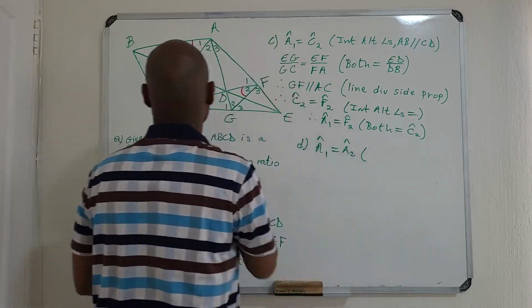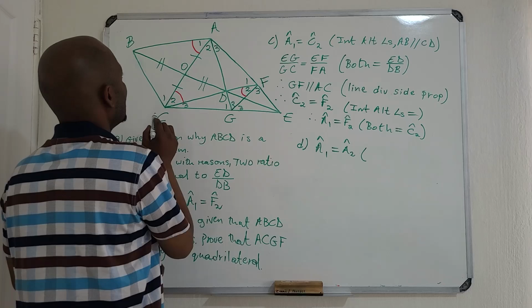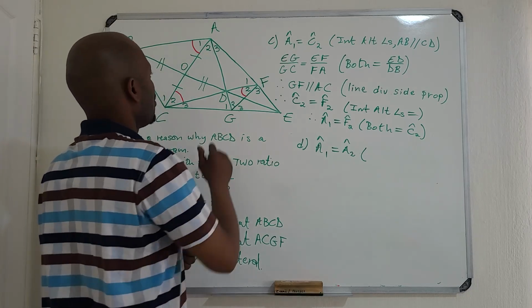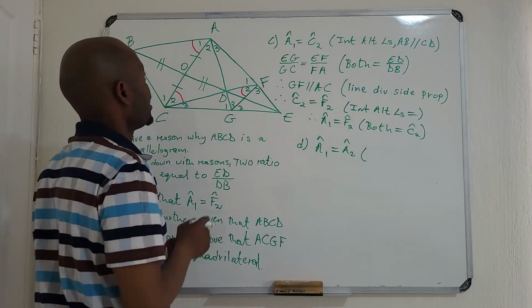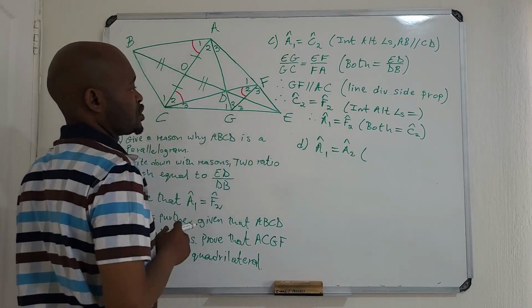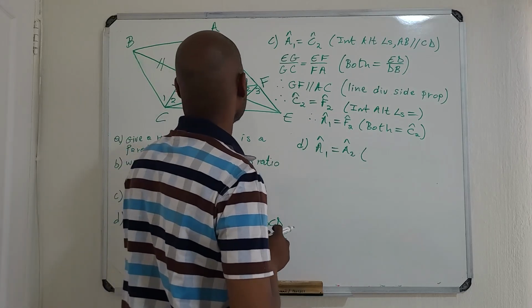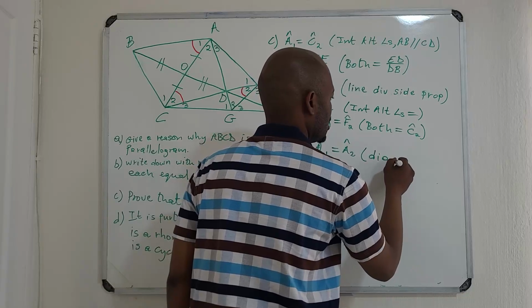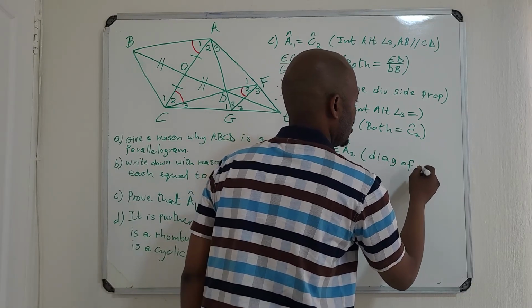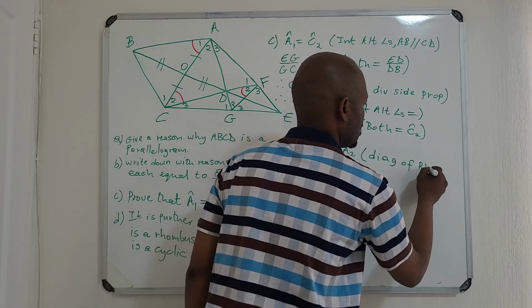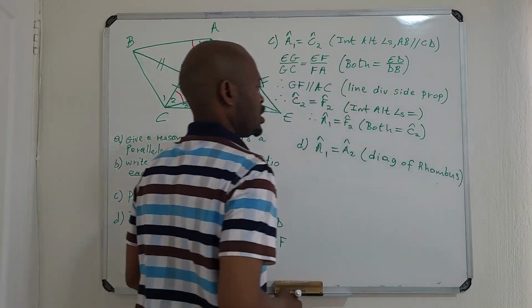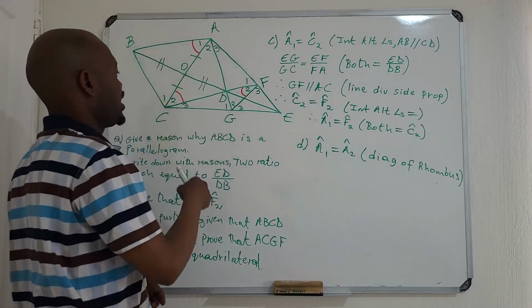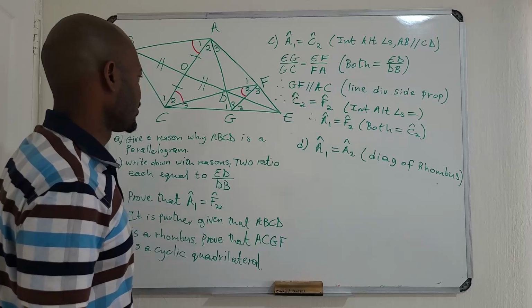That is why we say angle A1 is equal to angle A2. Reason: diagonals of a rhombus bisect the vertex angles.